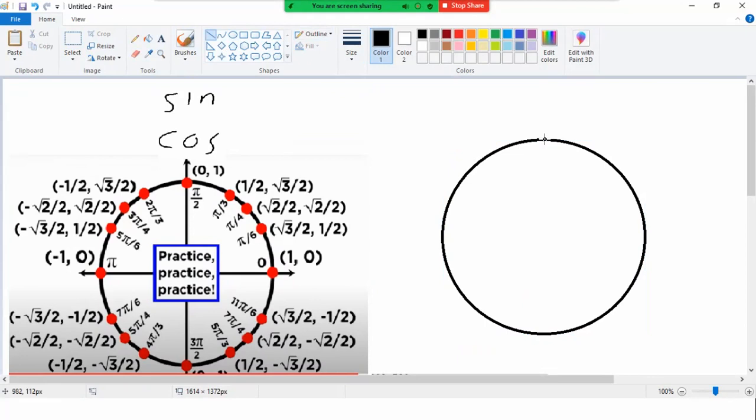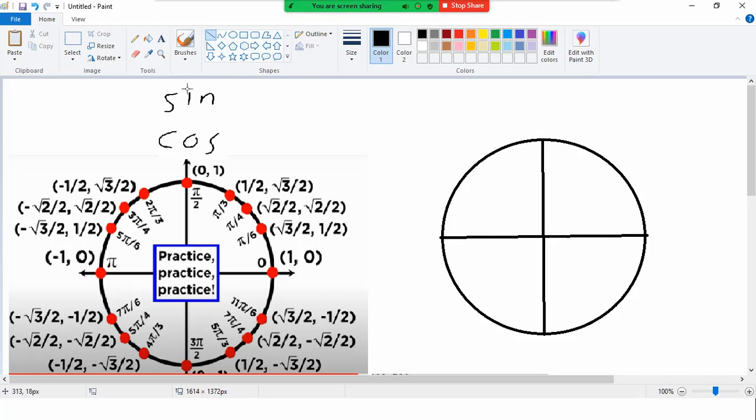Then I'm going to take this and draw a line. Okay, can't be a perfectionist right now. Oh, so close. That's okay, whatever. So then it's like, well, what's this? Is this sine or cosine?